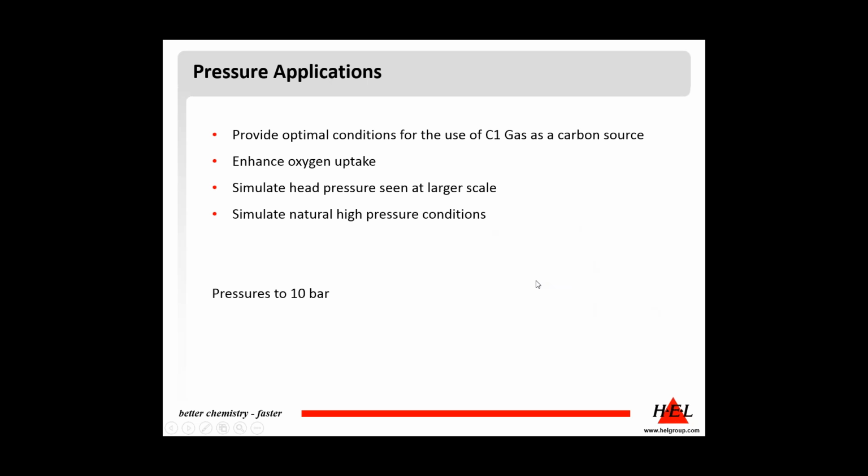And on this particular parallel system we go to 10 bar, but of course we can go higher than that, but then we have to look at really different probe designs, liquid feed strategy and that kind of thing.